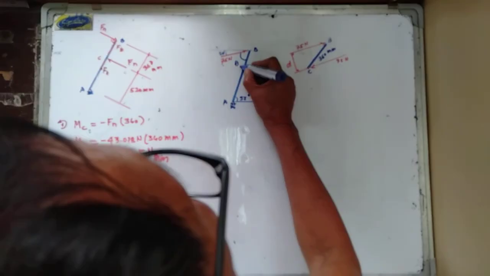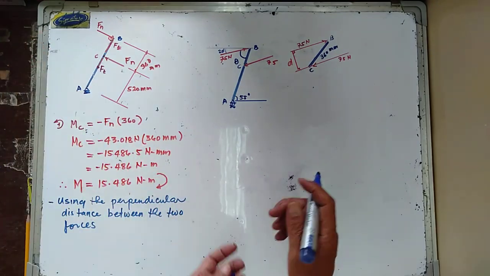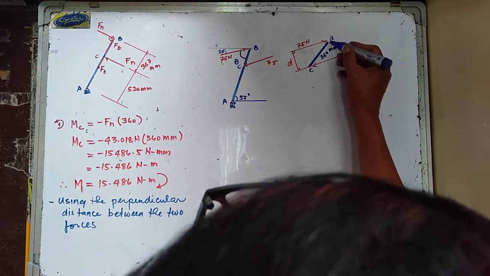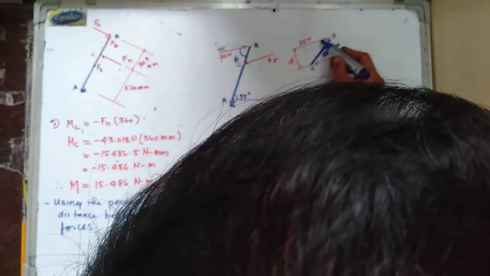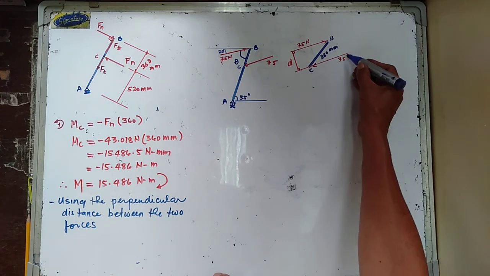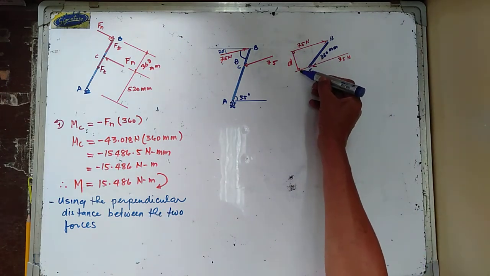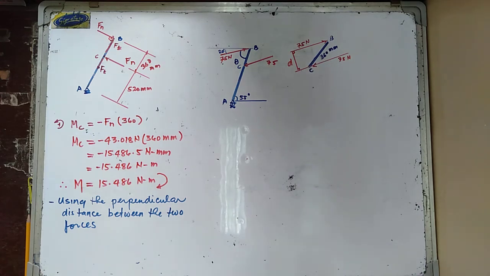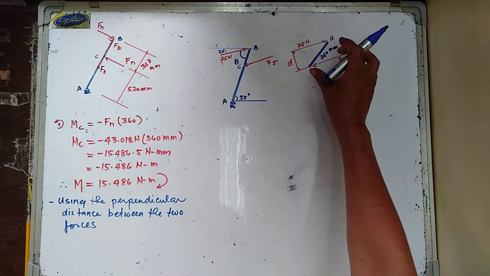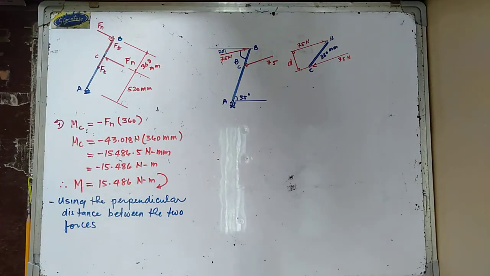So I am just going to consider this point in here as point C, as what we did consider here before. So if I am going to get now your BC, this is now your 75 newtons, and this one is your 75 newtons. And this is the perpendicular distance between the two forces. So your length BC in here is equal to 360 millimeter.